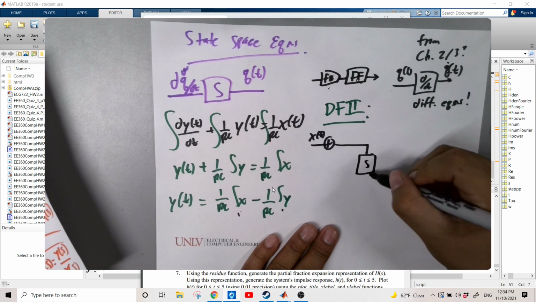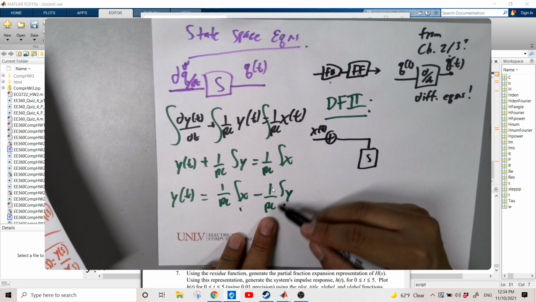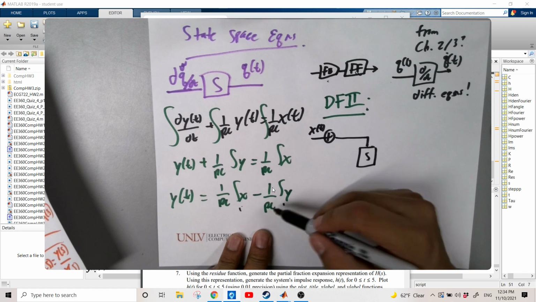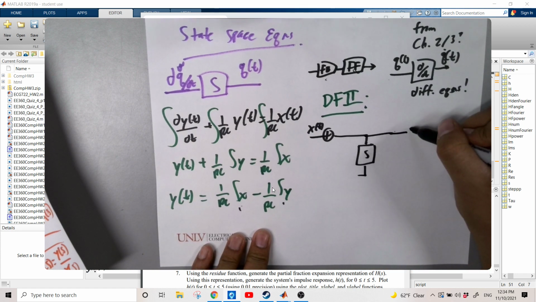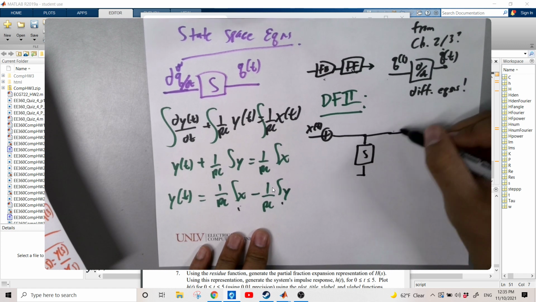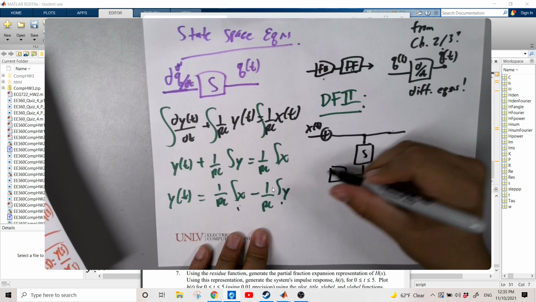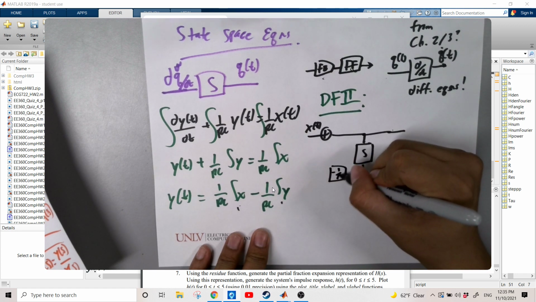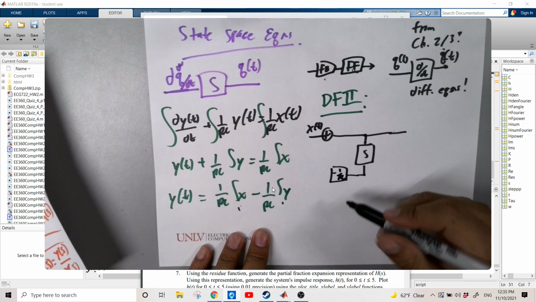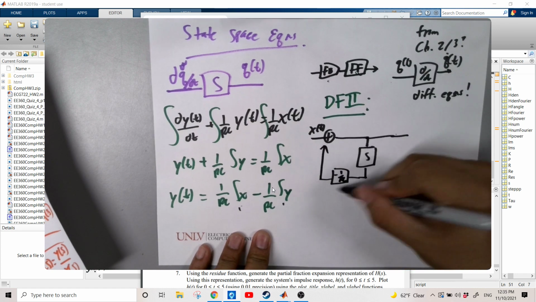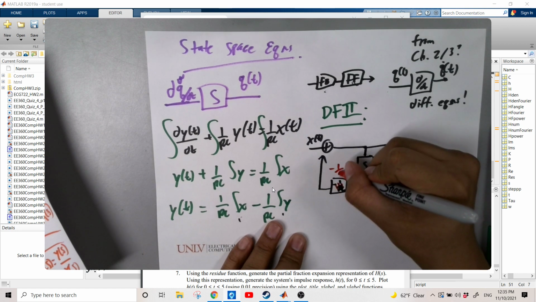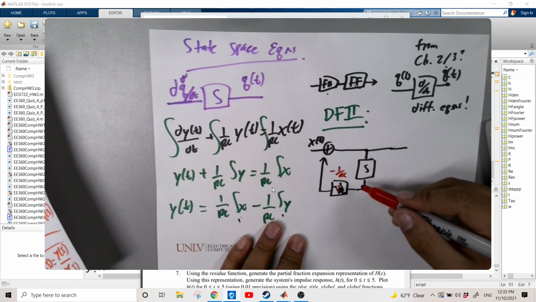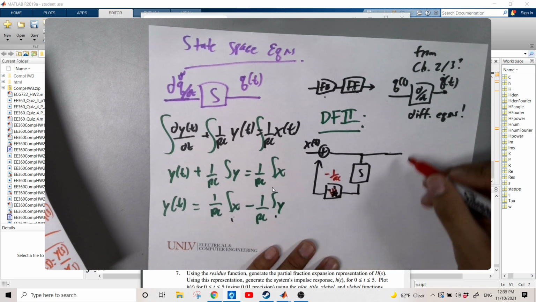Since this right here is a pole, it's gonna feed back the output. Let me draw it right here. Actually, I'll show you something, the reason why I paused right there. 1 over RC, you see that? 1 over RC, and that feeds on itself like that. Let me just put minus 1 over RC. Better? Cool.